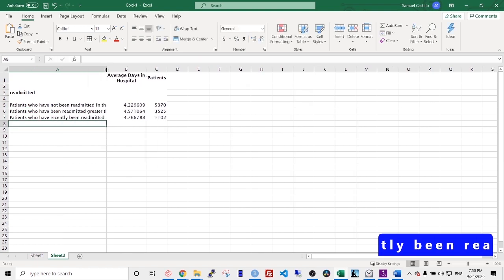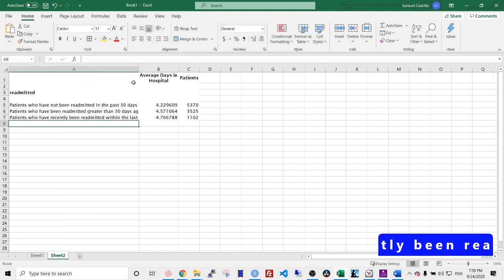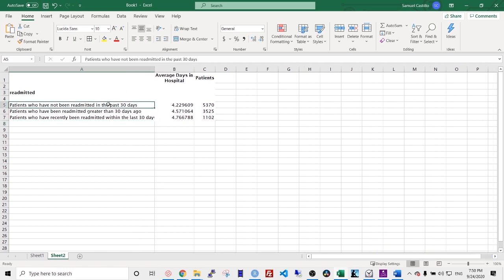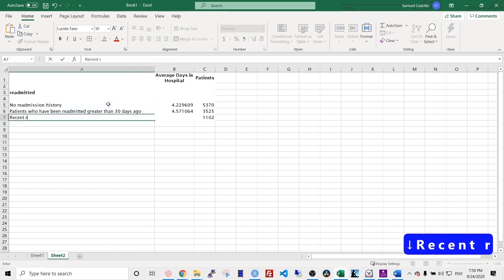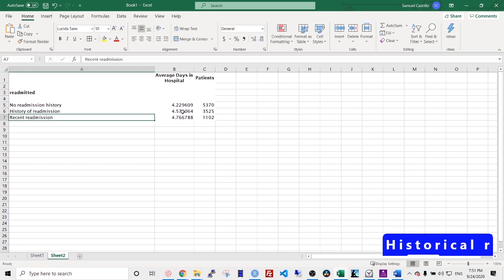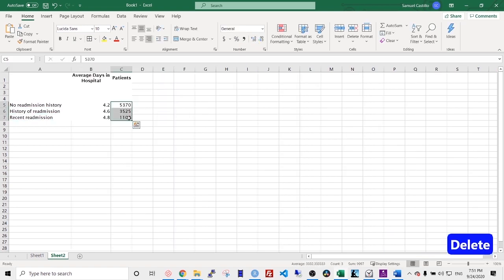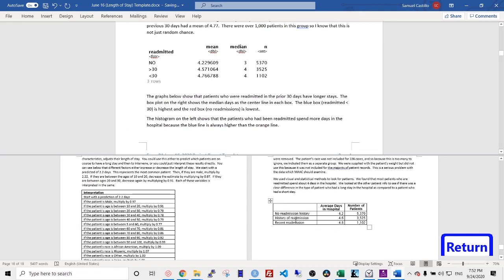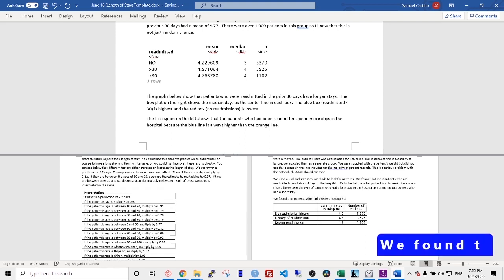And maybe I could cut this down even more. No readmission history, recent readmission, history of readmission, and then round these numbers down and clean up the formatting. So we found here that patients who had a recent readmission, within the last 30 days, had a longer hospital stay on average than other patients.